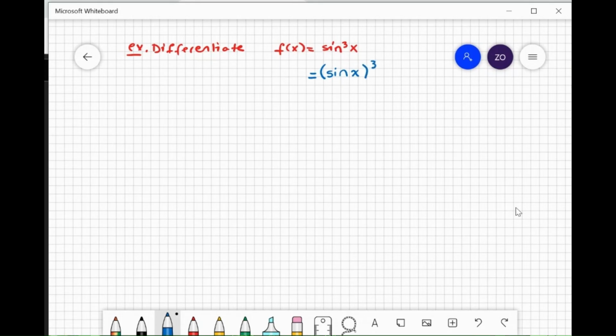Okay, so because there's cube here, there are two functions. One is the sine function, and after you find the sine function, you cube it. So one function is the x cube function, one function is the sine x function, right? Which is the inner function, which is performed first, and the inner function is sine of x.